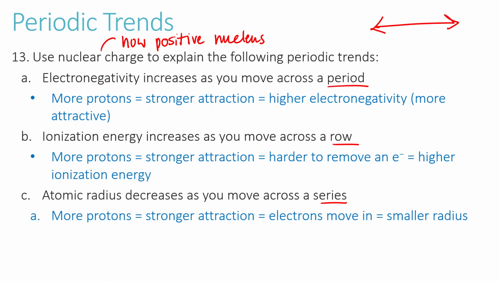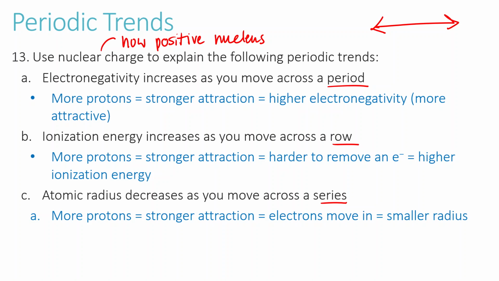We do also gain more electrons, but those electrons are being added within the same energy level. So they're not going to be any farther away from the nucleus. As we go across the row, the nucleus becomes more positive. There's a stronger attraction, which means higher electronegativity.